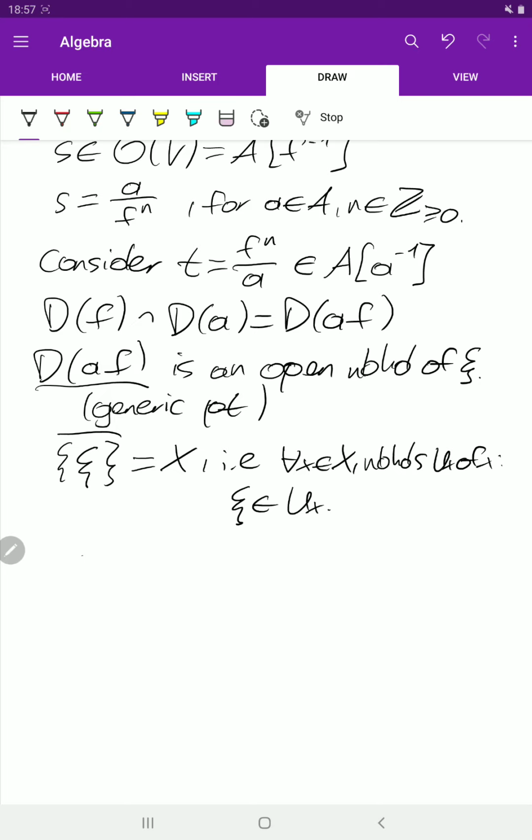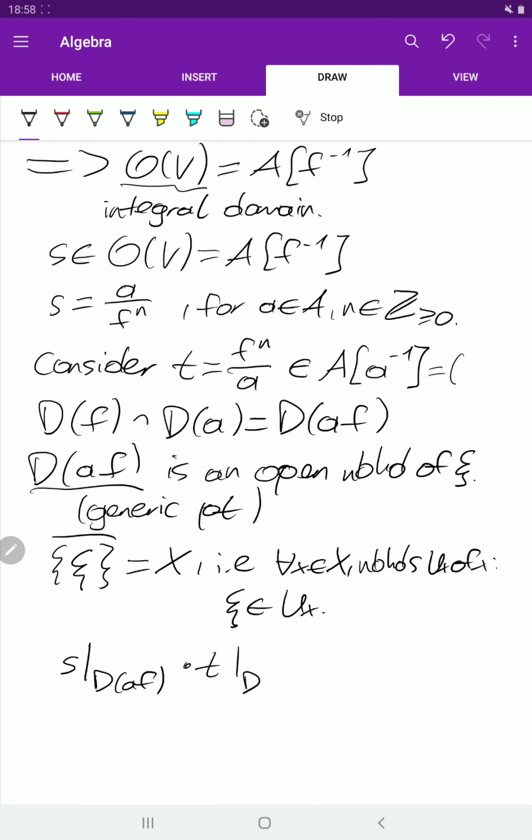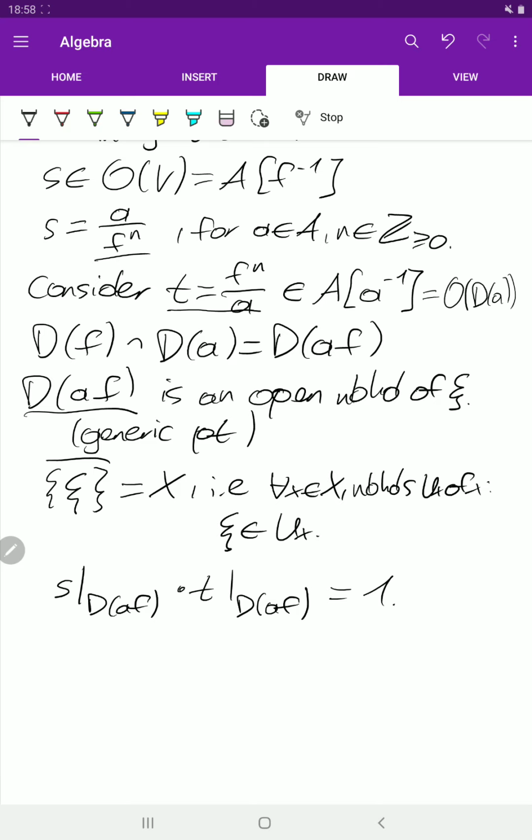So what we do now is we restrict the section s to D(af), then we multiply it with this element t, so that's in O(D(af)), and we restrict this also to the same set, and then we get 1, just by the definition of t, so t is the inverse of s.